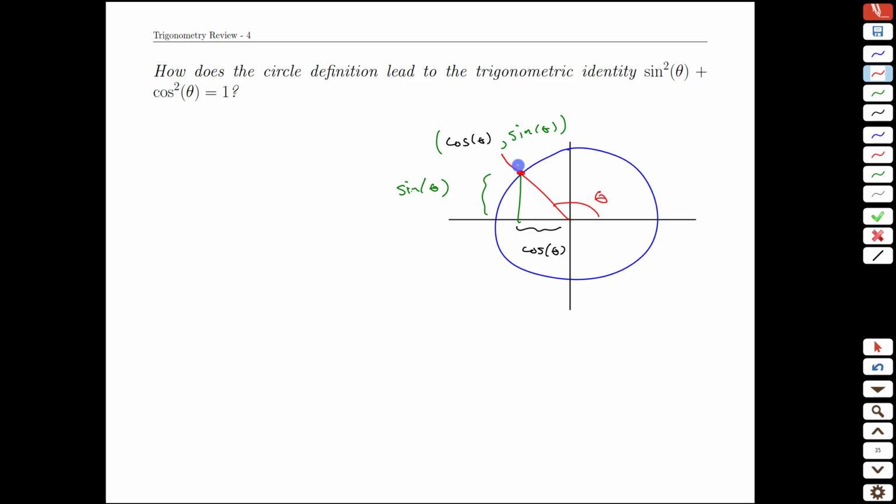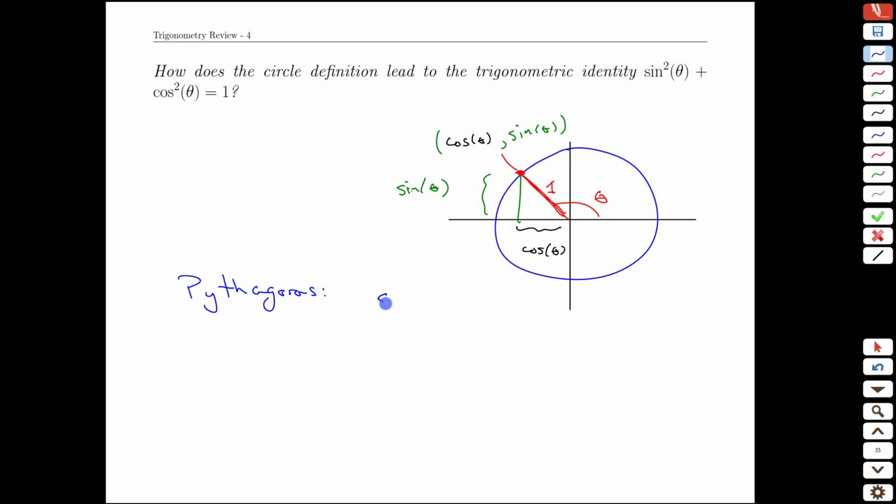So our point is cos theta, sine theta, and that means these are the horizontal and vertical distances. Well, as soon as we say that, and we know we're on the unit circle, which means the radius is always 1, wherever we draw these lines, the distance to this point is always 1, so we can pull out Pythagoras.